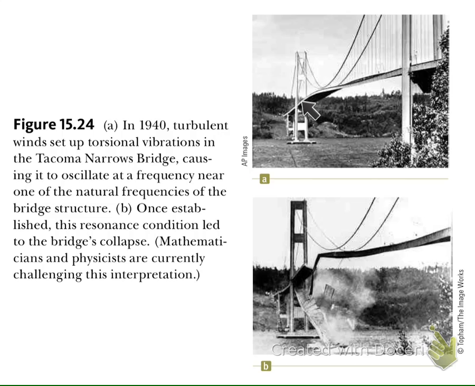And if the strength of the bridge is not enough to stand that energy transfer, it can collapse like this. This is an example of forced oscillation in a practical situation.